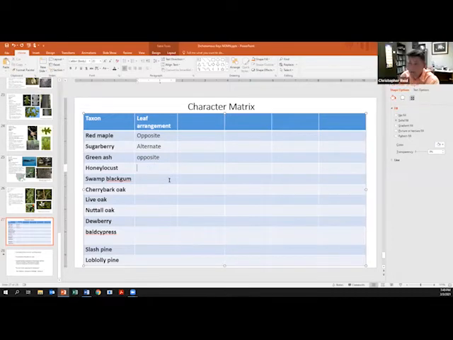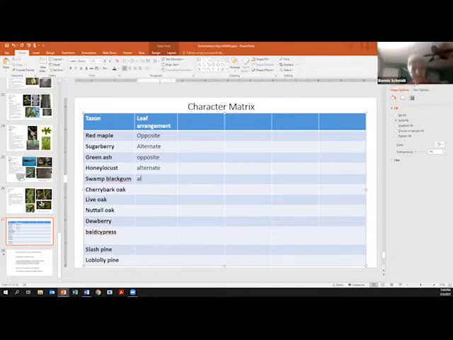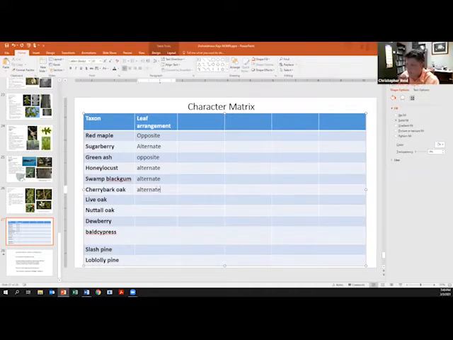All right. Honey locust. Alternate. Swamp black gum. Alternate. All right. All the oaks are alternate. We've established that. Live oak, alternate.